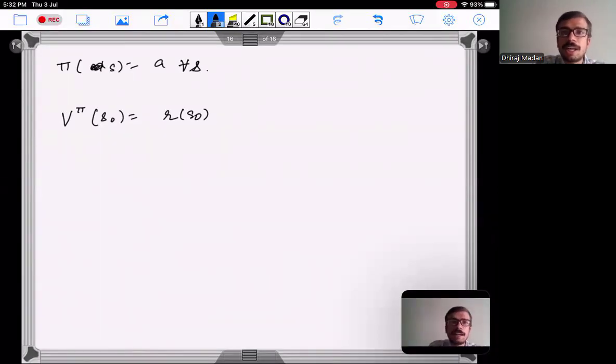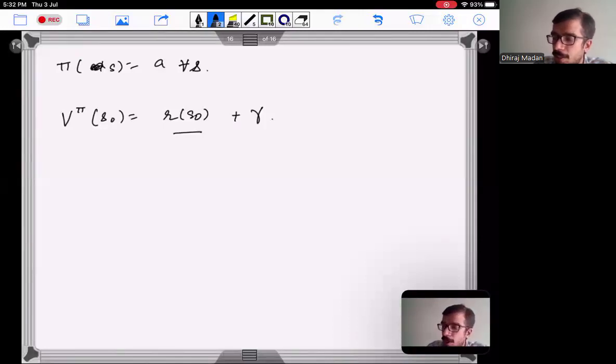If you look at this particular example, V pi of S naught is R of S naught plus gamma times the sum over ST plus 1 of P of ST plus 1 given ST and AT, times V pi of ST plus 1.